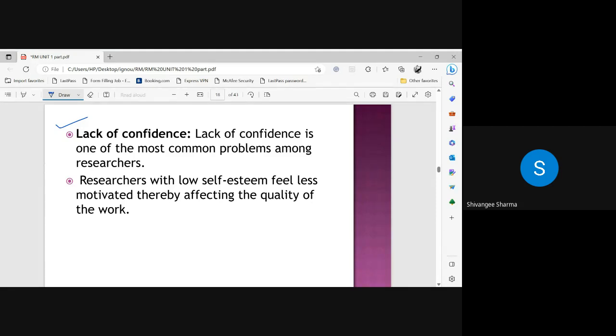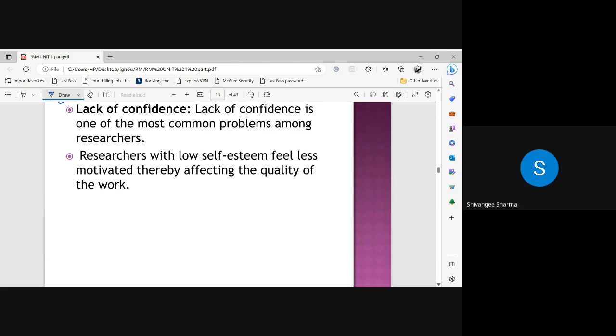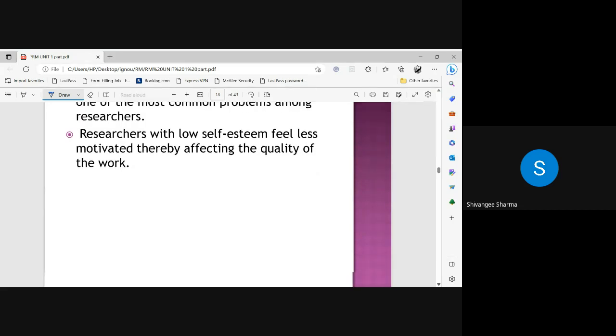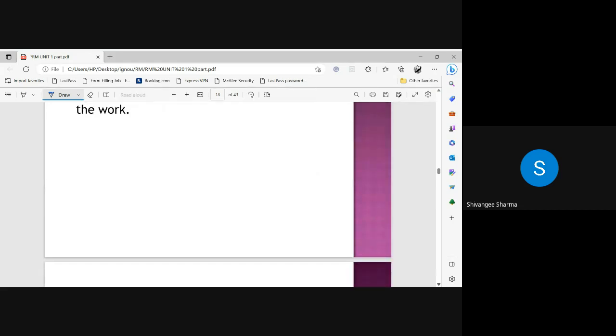So just try to overcome this lack of confidence or motivation by always remembering that even if you are not gaining anything, you are learning so much. If you are not gaining your ultimate goal, you are gaining experience.